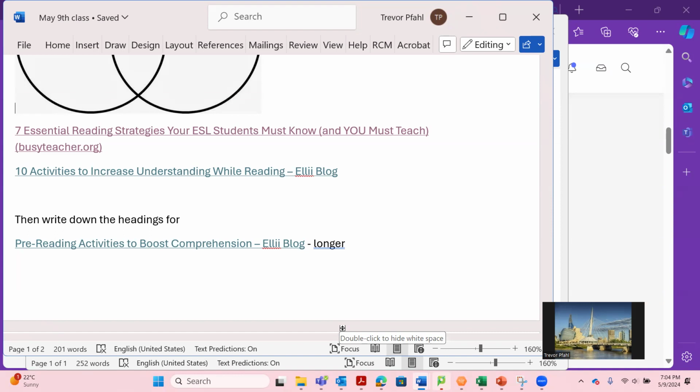You guys have access to the internet? Yes, okay, so just search for those articles, look through them, compare them with each other, just the headings, and then write down on your paper.